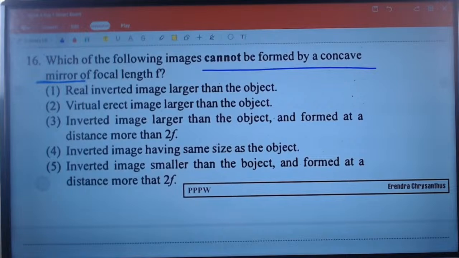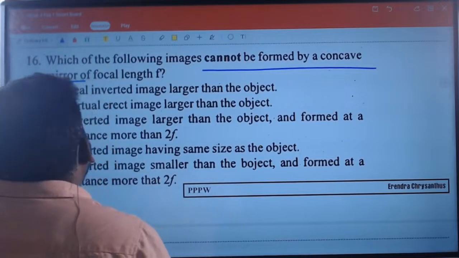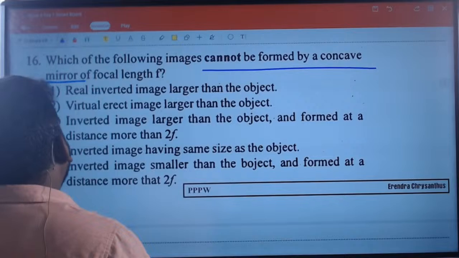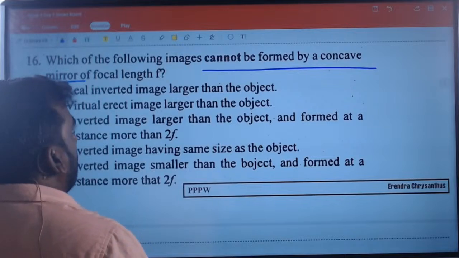Normally the answer is no. These kinds of things they might not repeat, but you can't say that they can't use it as well. Which of the following images cannot be formed by a concave mirror of focal length f?